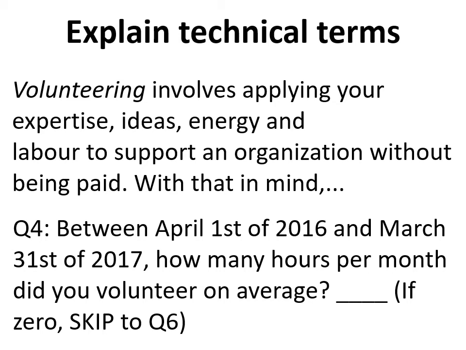If it was greater than 0, they got the fifth question. If they didn't volunteer any hours, or the average was 0, we would skip to question 6, right? So the skip part, you might want to keep in mind as well.